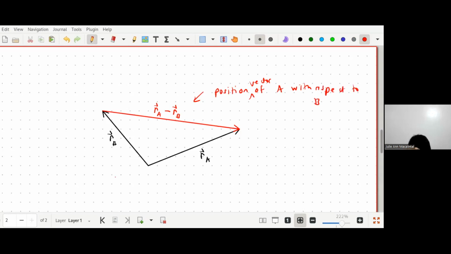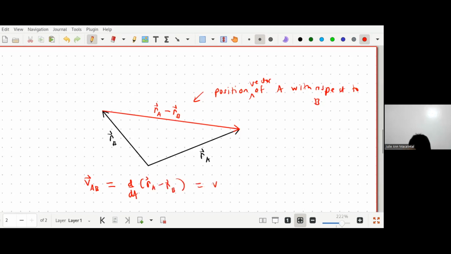So pag dinifferentiate natin yan, yung relative velocity is going to be just the derivative of this. So V sub A relative to B is equal to yung derivative with respect to time ng position vector na ito.